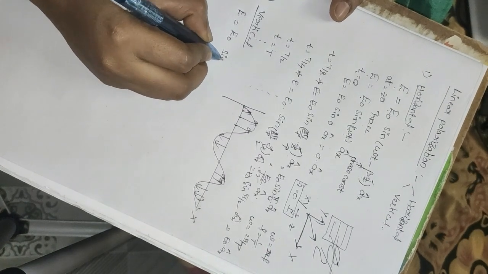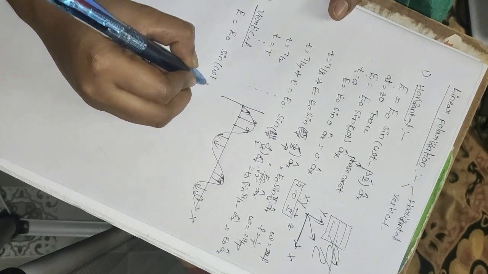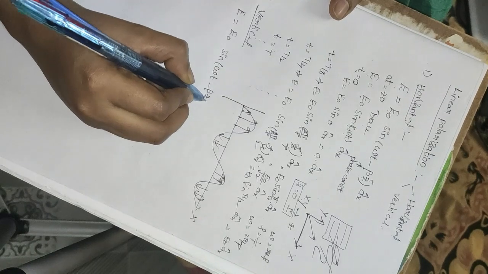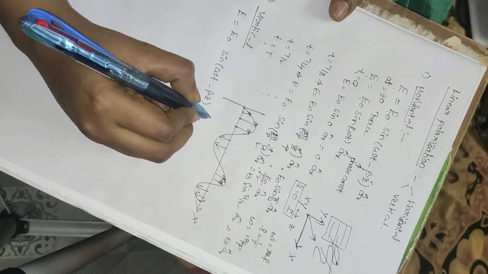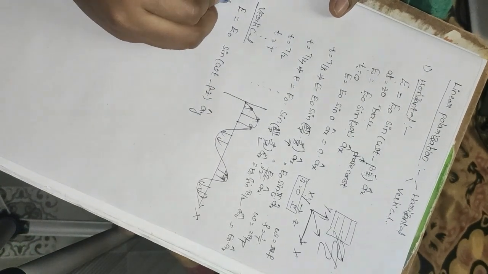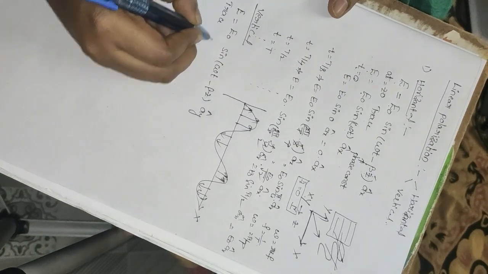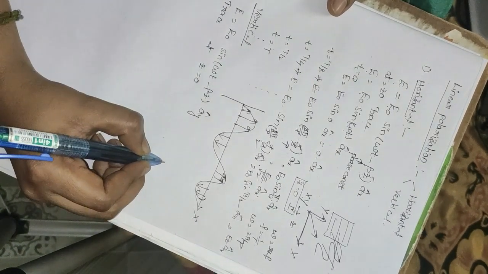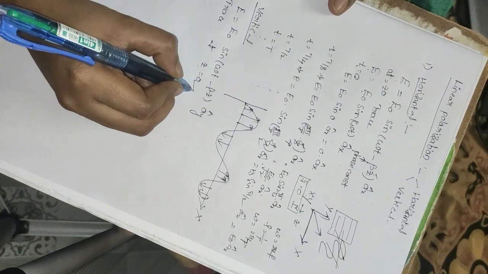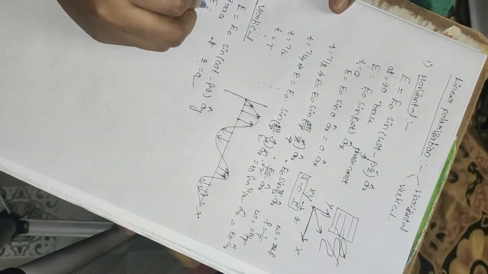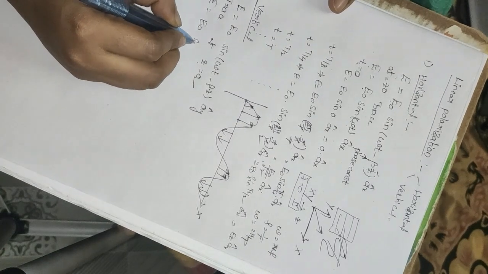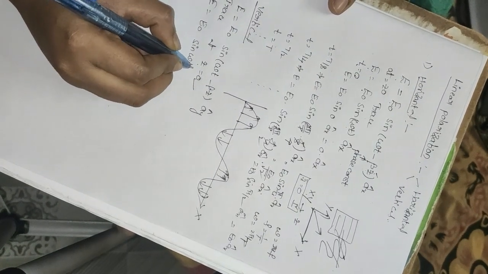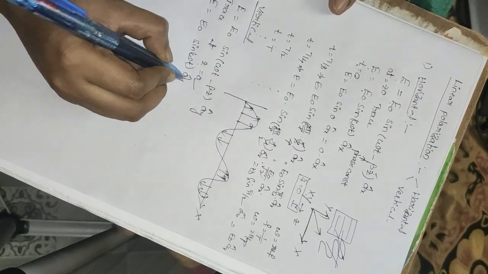So I am defining E is equal to E naught sine of omega t minus beta z along the y axis. Same, trace the E field at z equals 0. Why? Because on the xy plane z is equal to 0. So E is equal to E naught sine omega t into ay cap.